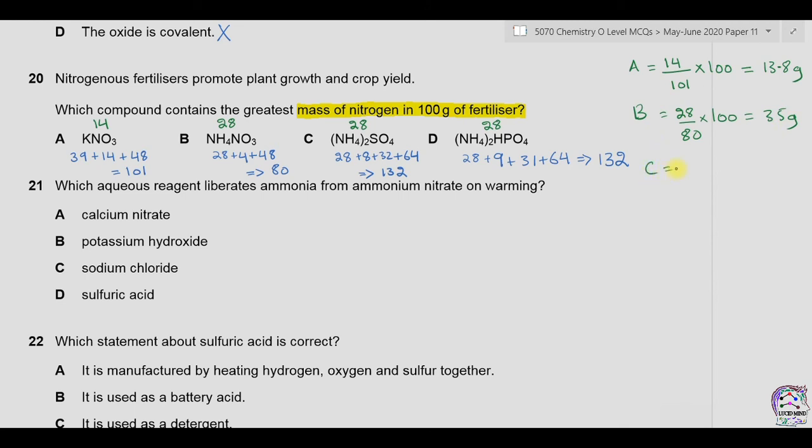Similarly for C, we have 28 divided by 132 into 100 grams of fertilizer, so it is equal to 21.2 grams. For D, we have 28 divided by 132 into 100, so again it comes equal to 21.2 grams. So according to these results, we can see that 35 grams is the greatest mass, so therefore answer is B.